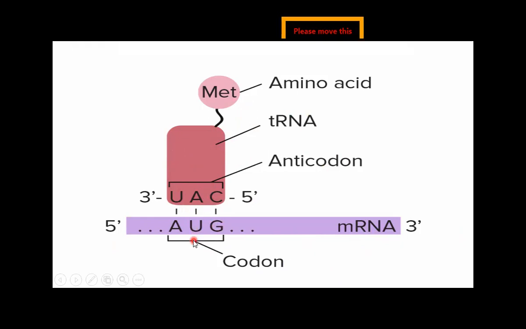So the codon and anticodon will have complementary bases to each other, for example, A facing U, G facing C. And that typical transfer RNA, according to its anticodon, which is complementary to the codon, is carrying a typical amino acid on it, methionine. Later on, we will discuss the process of translation, inshallah.